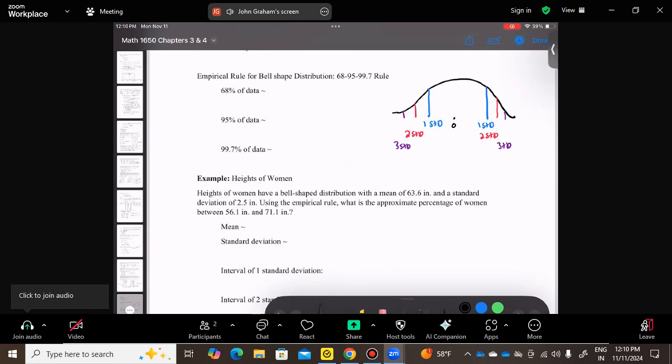Okay. Now, 1 standard deviation away is 68% of the data. Okay, so 68% of the data falls within 1 standard deviation from the mean on either side. Okay. Then 95% of the data falls within 2 standard deviations away.